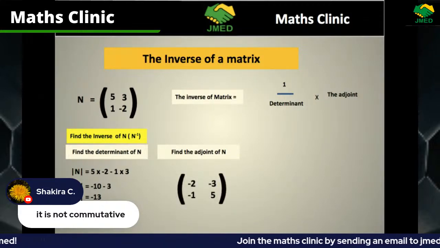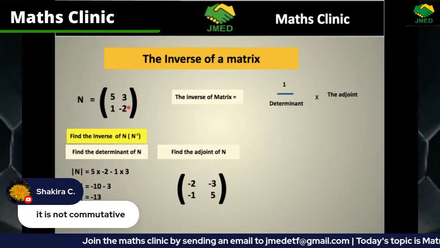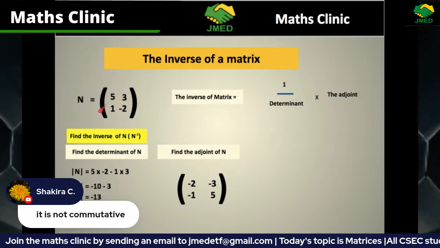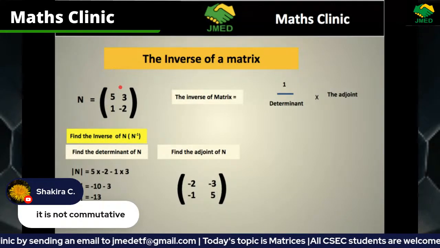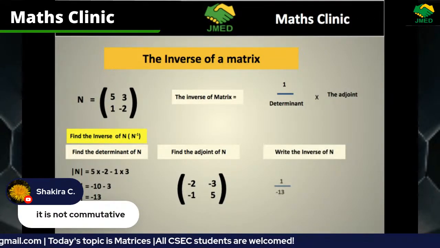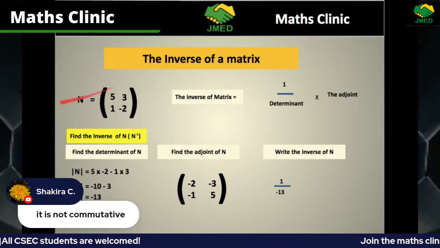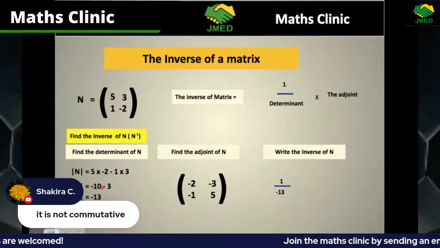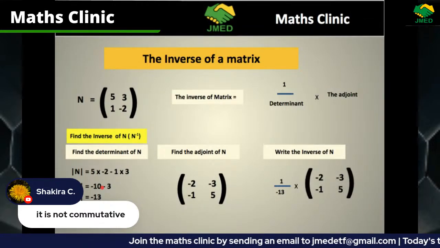We know the adjoint because we have already done that. We just need to switch -2 with 5 and change signs. And then we're done. Then we write the inverse: 1 over the determinant, which we know is -13, and then just multiply by the adjoint.